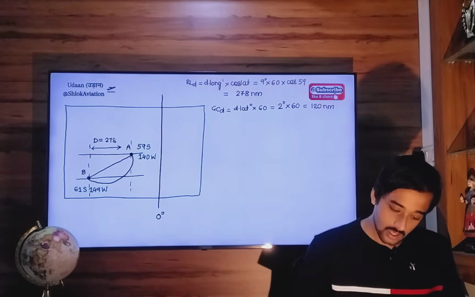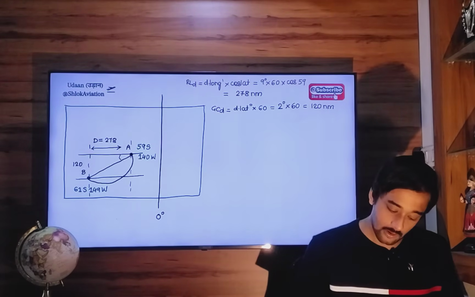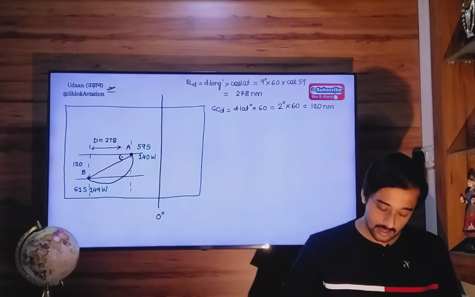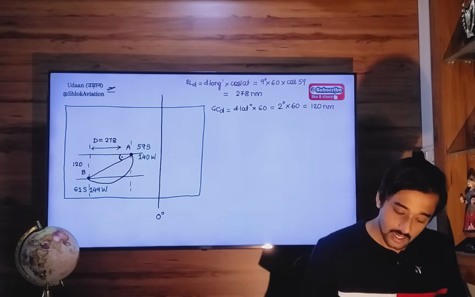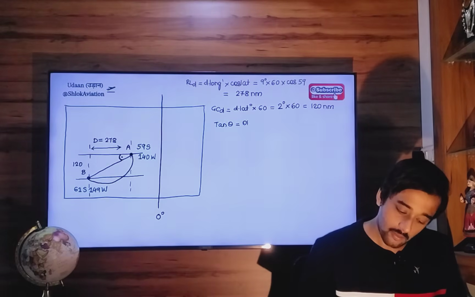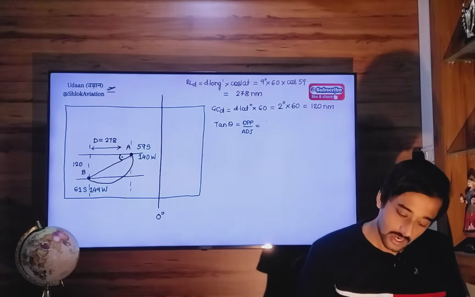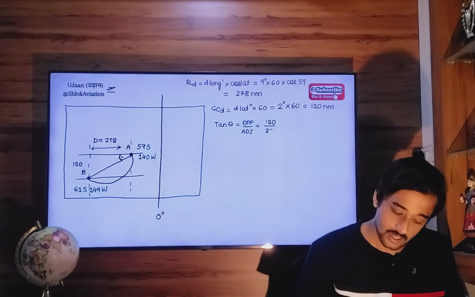278 and 120. Let's apply the tan theta formula to find this particular angle. Tan theta is opposite upon adjacent. The side opposite to that angle is 120, and the adjacent side is 278.